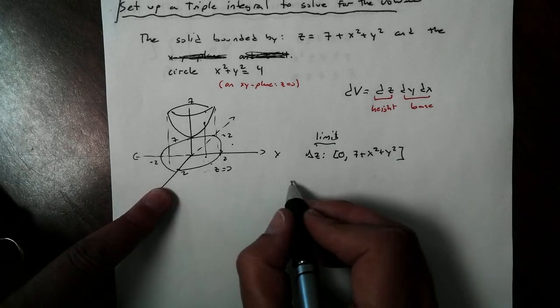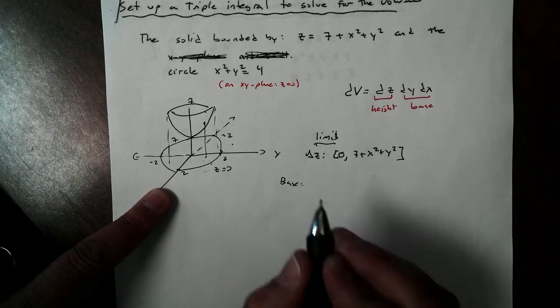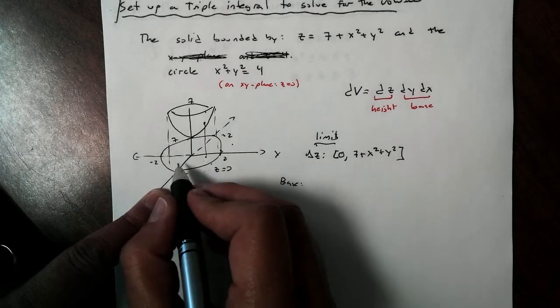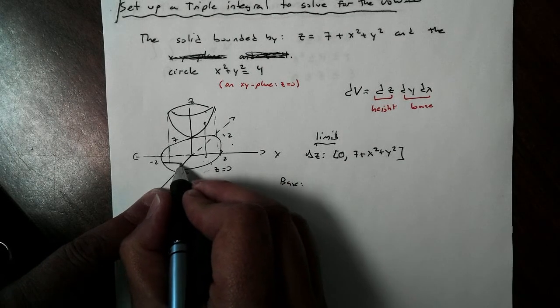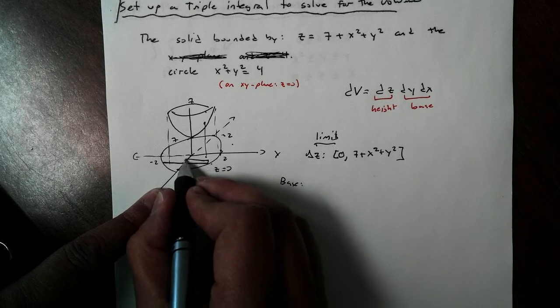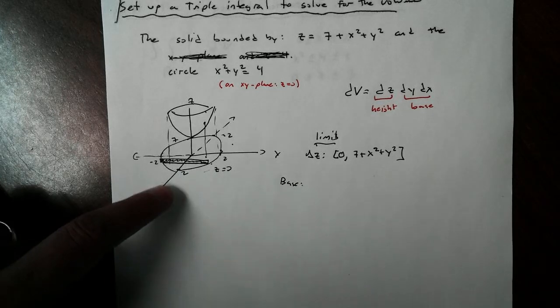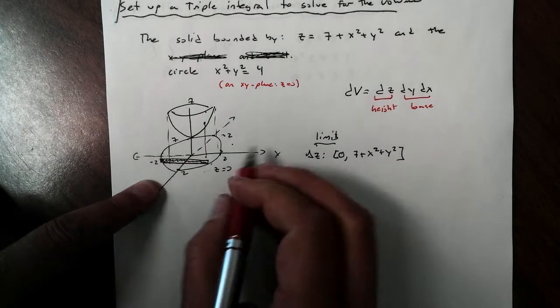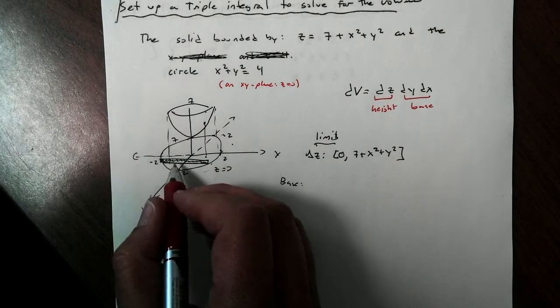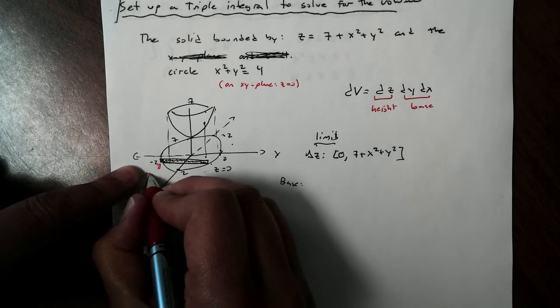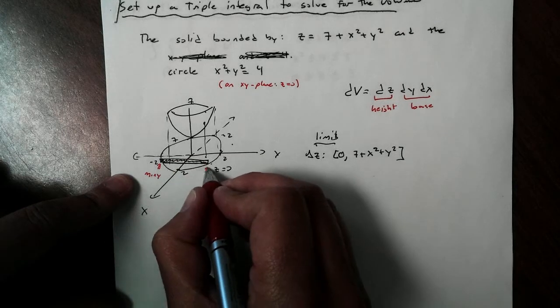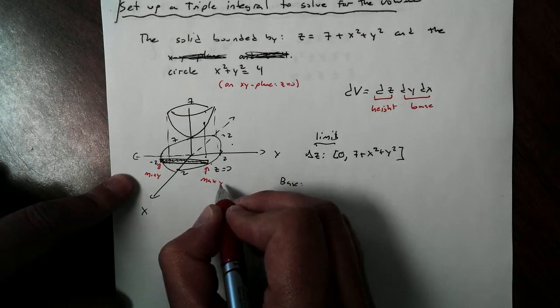Now we have to talk about the base. Well, the base is the circle down here at the bottom, and I'm going to use a vertical rectangle. In other words, I'm going to be changing in y's right here. Since I'm doing vertical, this deals with my change in my y value. So this right here will be my minimum y, and over here would be my maximum y.